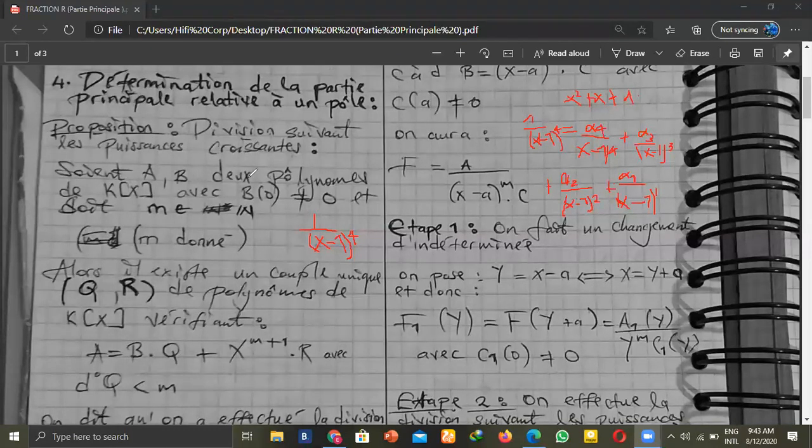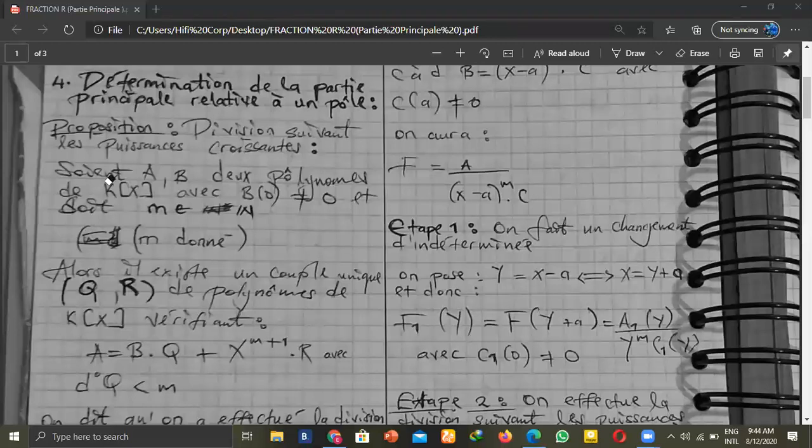So this is what we'll be looking at as we continue using this formula. Keep this in mind.